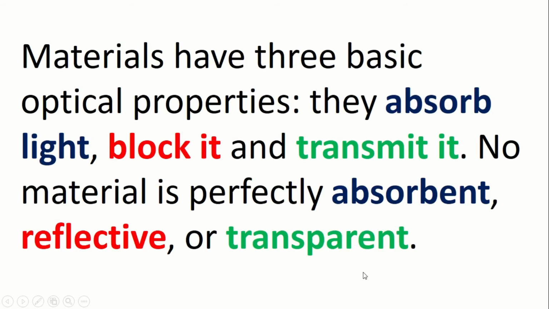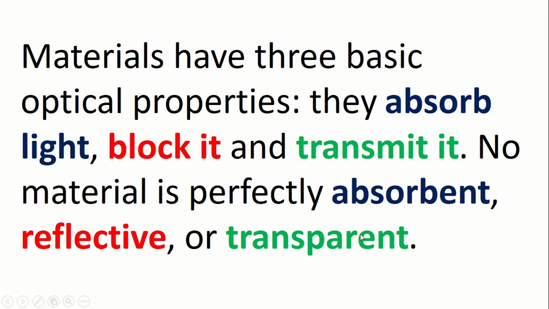Okay, so very good, children. So, materials have three basic optical properties. When you say optical, it pertains to our sight or seeing. So, materials absorb light, block it, or transmit it.